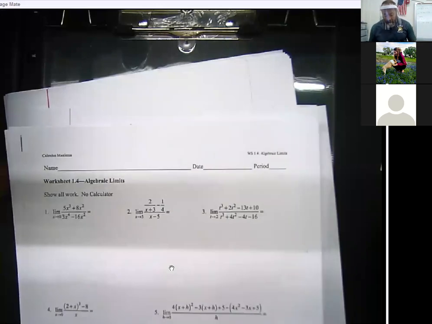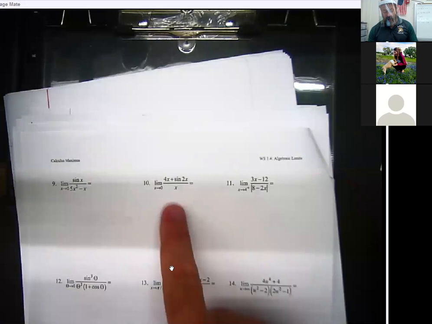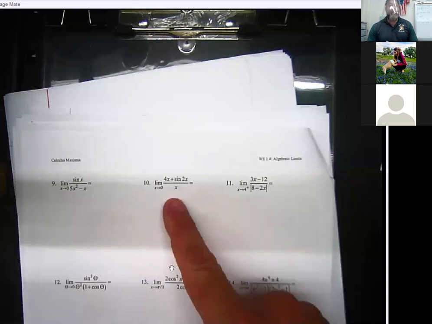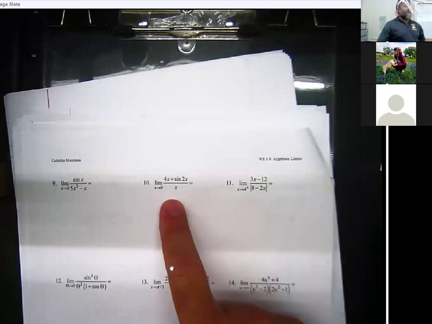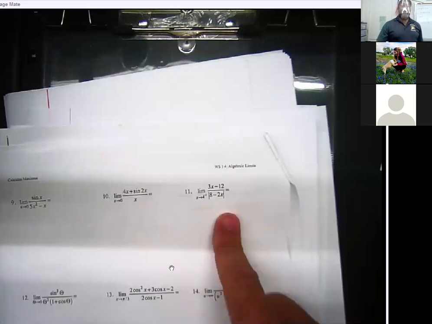So today's homework, you guys are going to work on algebraic limits. And as you go through those, what I wanted to be a little bit clear on is that eventually you're going to get into some problems that have some signs in them. This is a little bit unfortunate. Don't deal with anything that has trig in it, and don't deal with anything that yet has absolute value in it, okay?